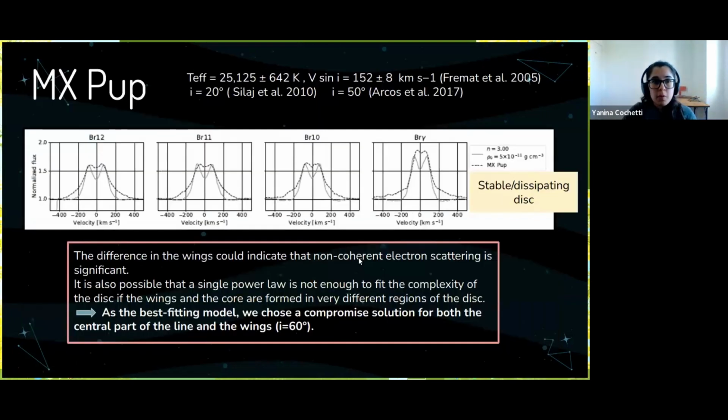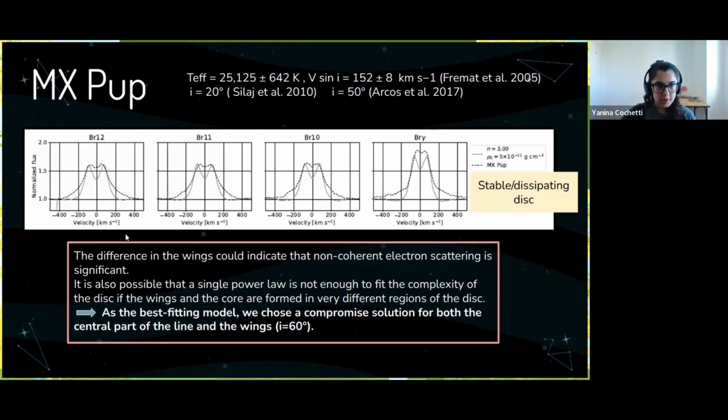So in our sample, we had 2 objects that have parameters that are close to the parameters that we use for our synthetic models. So we compare our measures for the Brackett lines with our models.